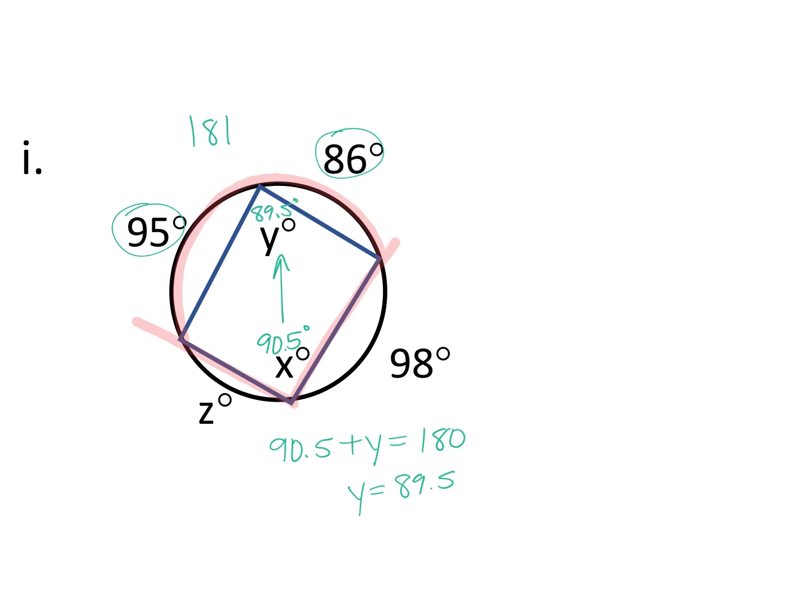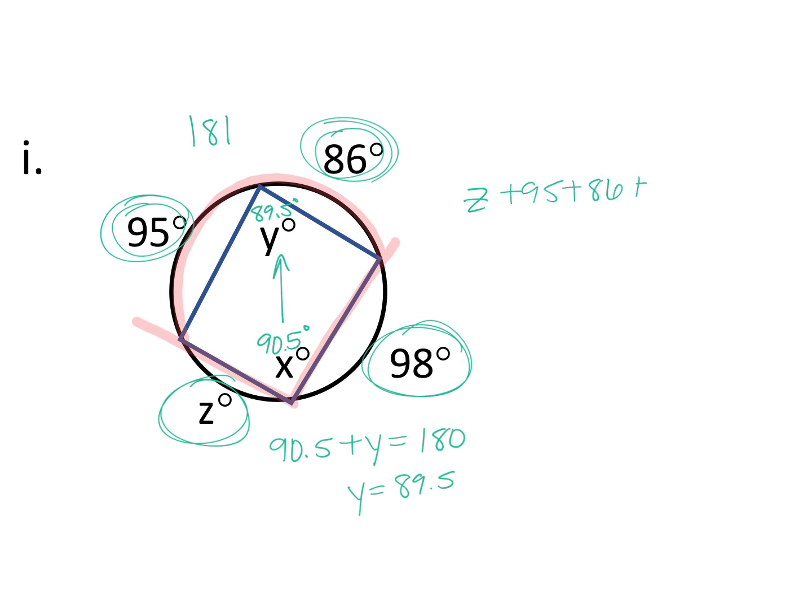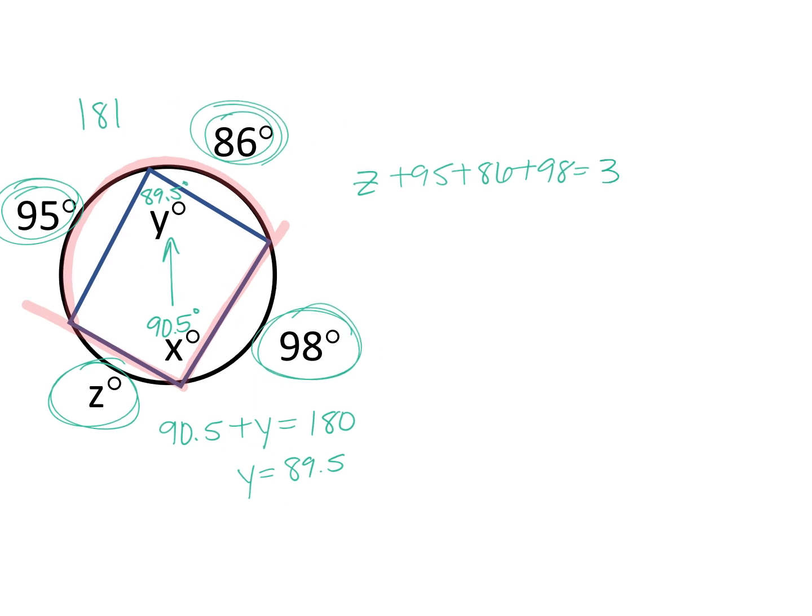Okay. And then we have to find z. Z is actually pretty easy to find if you just use all of the arc measures, because those four put together should equal 360. So z plus 95 plus 86 plus 98 equals 360.